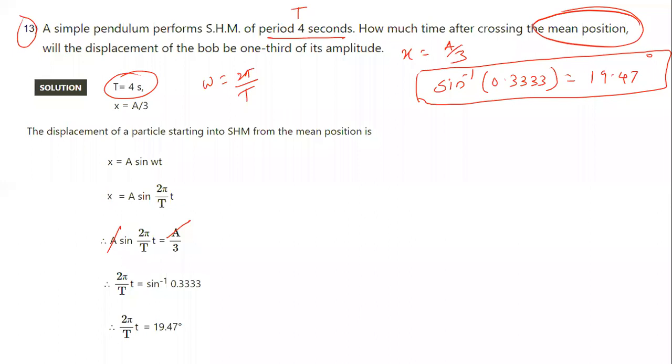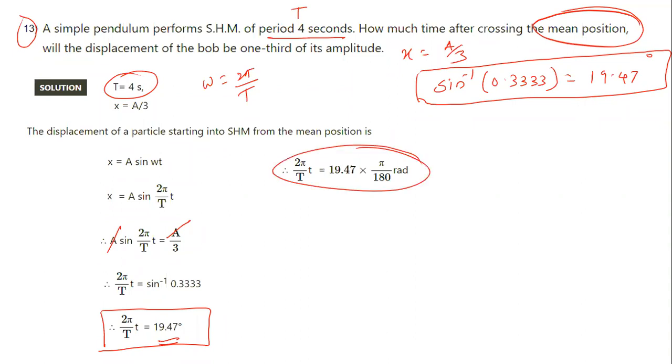Now we can simplify this for small t. Period capital T is 4, and pi we can substitute 180. Or we can convert this into radian and then substitute pi as 3.14. No need to convert this here. We can write it like this: small t is equal to 19.47 into capital T by 2 pi. So 19.47 multiplied by capital T which is 4, divided by 2 into pi which is 180 degree.